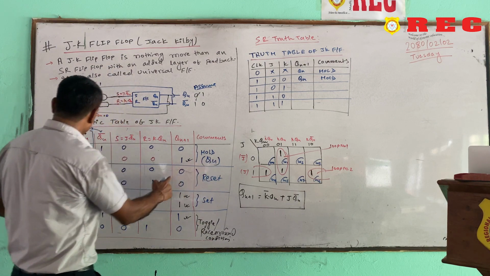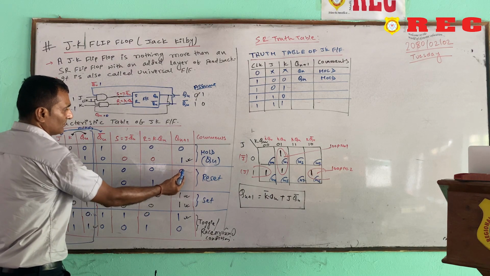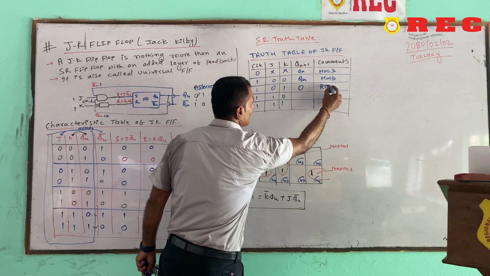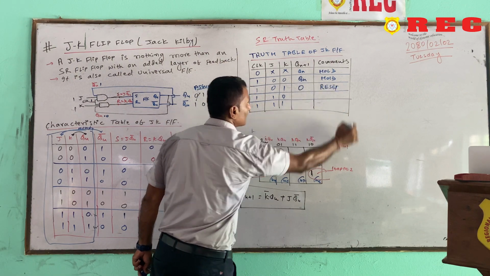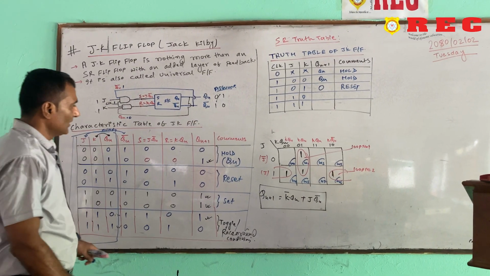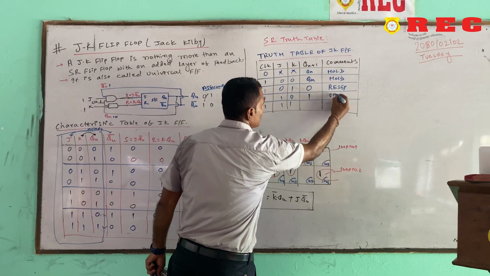Again, when J and K are 0 and 1, in this condition what is the value? 0 0. So, we can say this is the 0 and this is known as reset. And when J and K are 1 0, we have seen 1 1. So, we can say this is the 1 and this is the set state.